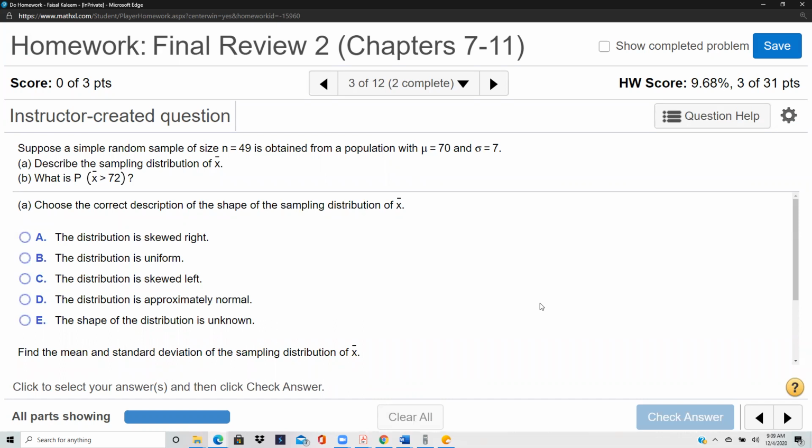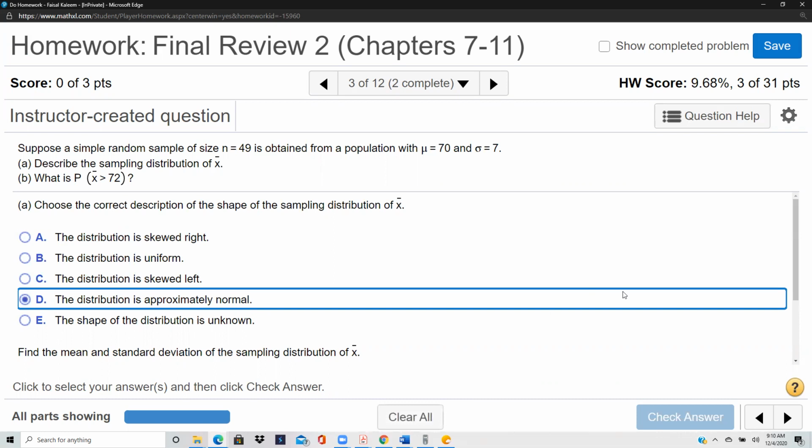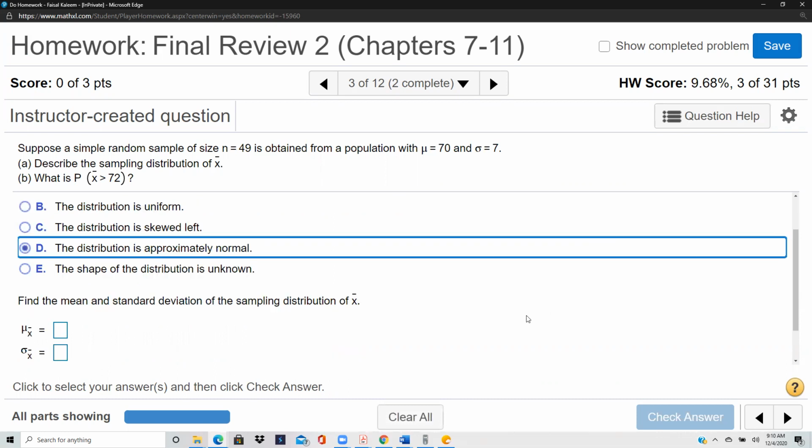The main distribution may not be normal, but the sampling distribution is normal, and that's what they're asking about. So this one will be approximately normal, yes, D.